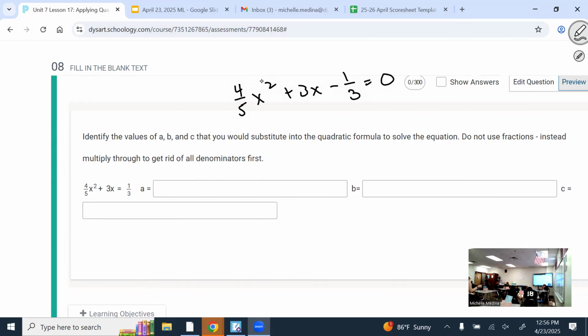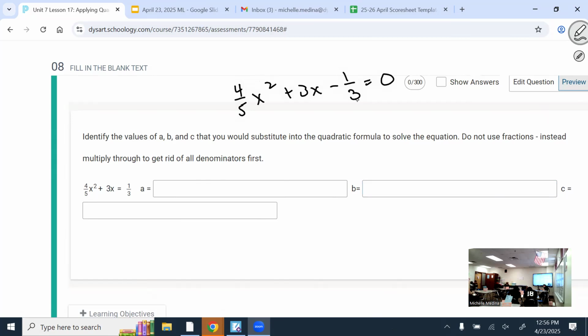What can I do to it? If I just want it to be without a denominator, what do fraction bars tell us to do? So what's the opposite of dividing? So if I multiply by the denominator, that is how you make any fraction not a fraction anymore.